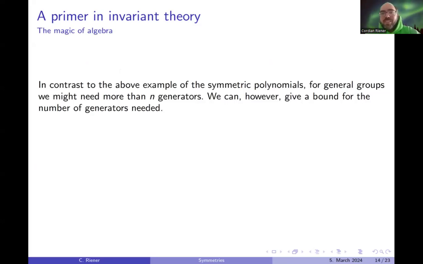Okay, so now we know that every invariant ring is finitely generated by polynomials, and we have seen in this one example of the symmetric polynomials that we can always find n generators.